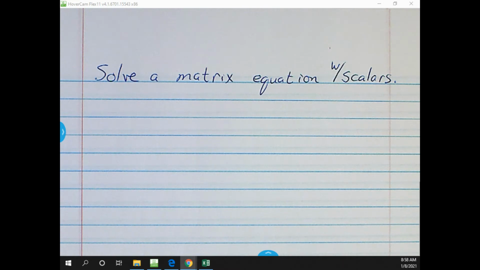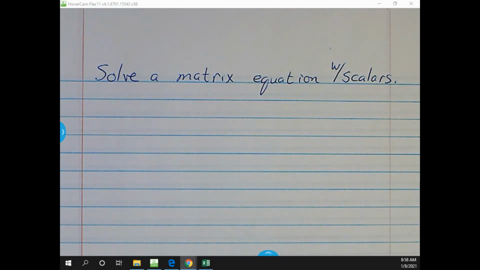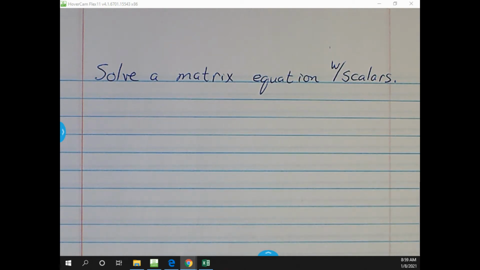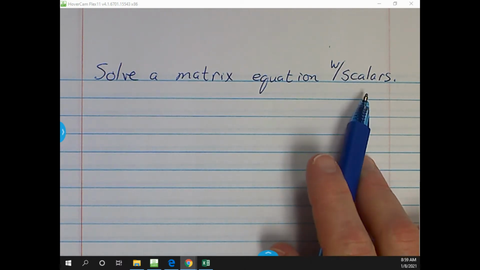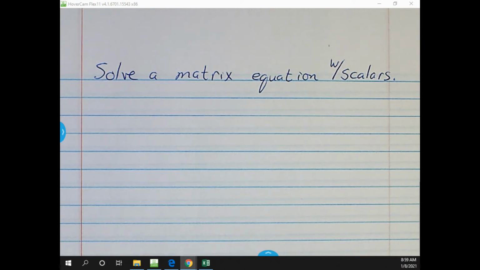So it's solving an equation, but this time with matrices, and we're going to have some scalar parts. Yesterday we just had to add and subtract matrices to solve an equation. We're still solving an equation today, so we're going to do some adding and subtracting along the way. But because it's scalars, we've got a little bit of multiplication and division that we'll do at the same time.